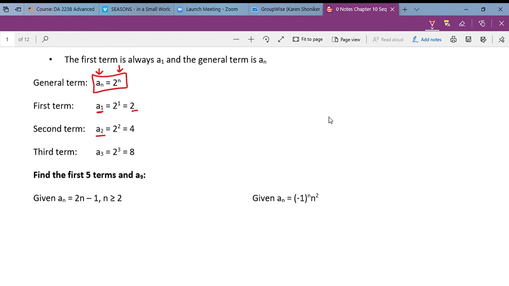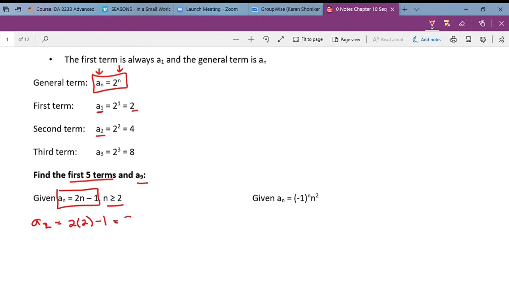So if they ask you to give the first 5 terms in a sequence and the 9th term, and first of all they ask you to find it when your general term is a sub n equals 2n minus 1, to find the first 5 terms, you do a sub 1, except that it defines n has to be greater than or equal to 2. So you're going to find a sub 2, and you're going to do 2 times 2 minus 1.